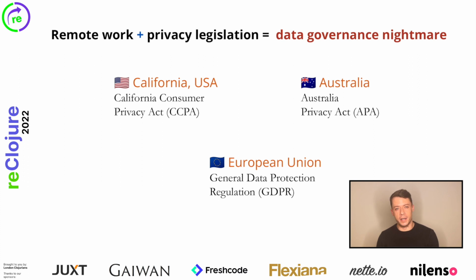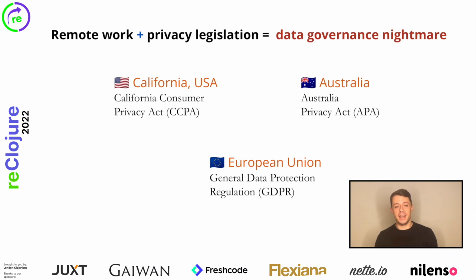Consider the following scenario. You're a software engineer, writing Clojure, of course, working remotely from a beach in Bali for a company that's based in California in the United States that writes financial transaction processing software that processes transactions between the European Union and Australia.